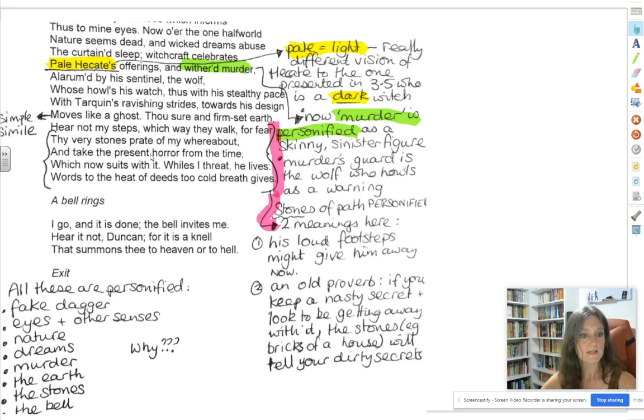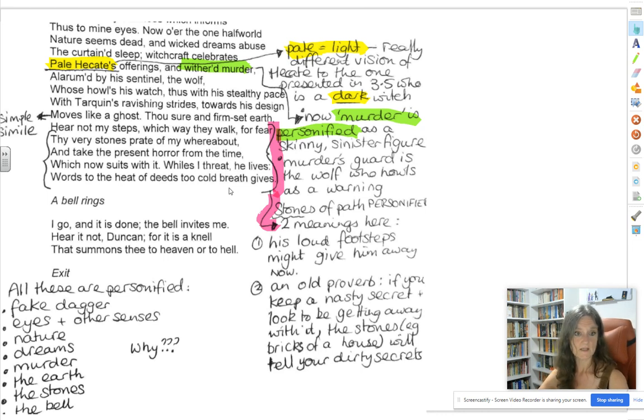And do you remember I said he's finishing up his soliloquy thinking about the mind-drawn dagger, and he says, whilst I threat, he lives. So he's saying here, while I'm threatening and thinking about killing him, King Duncan's still alive. Words to the heat of deeds too cold breath gives.